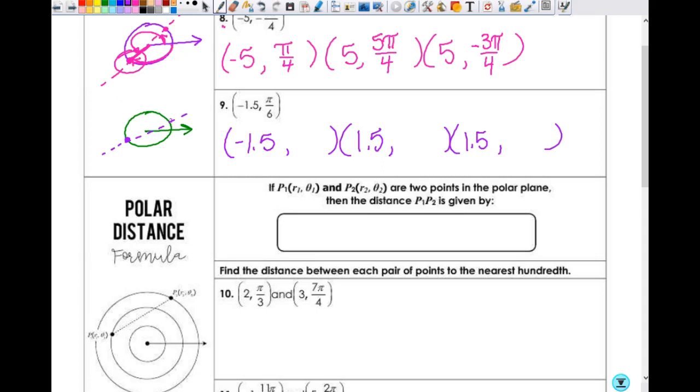Okay, you have that angle twice, and it's not going to show up twice.